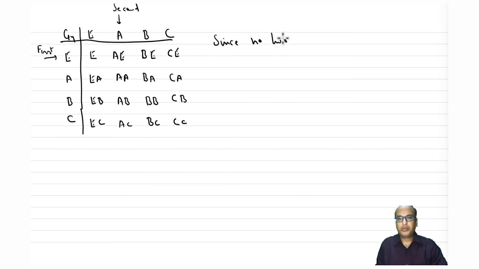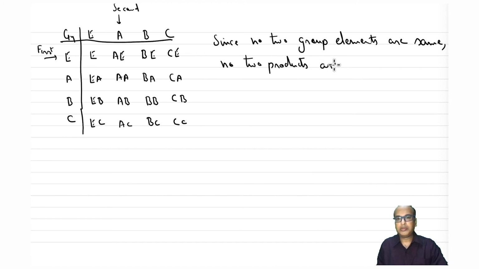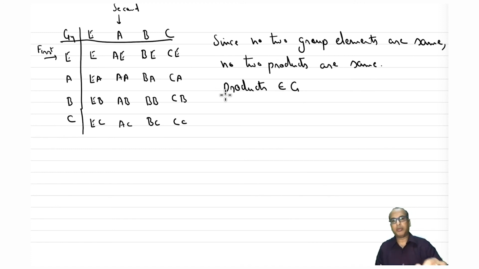Also, one important thing: since no two group elements are the same, no two products are the same. And products must belong to the group, which we know from the closure property, right?